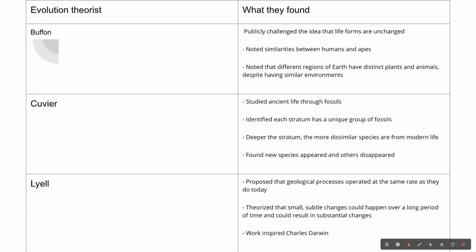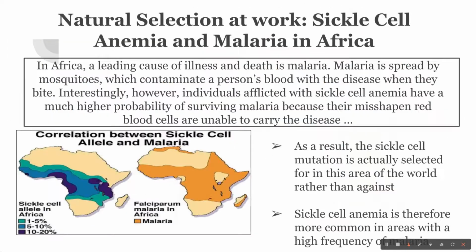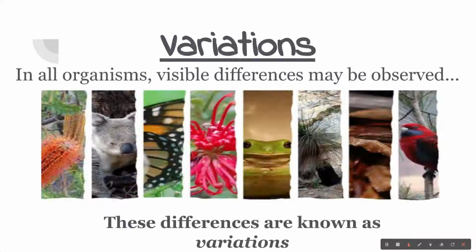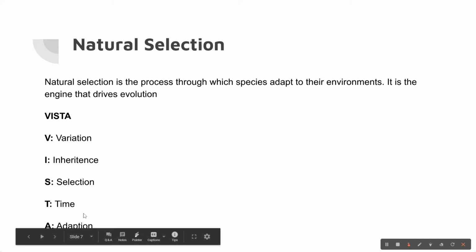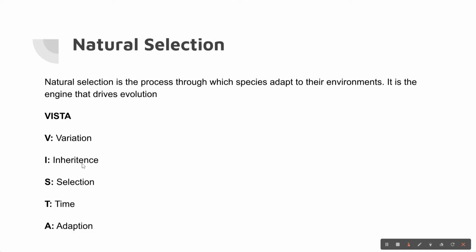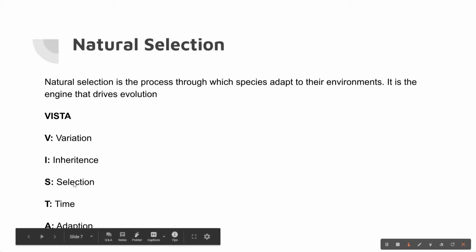So we've talked about natural selection. Actually, let me go back. Okay, so we've gone through variation, inheritance, selection, time and adaptation, just not labeled. Variation was the visible differences. Inheritance was your DNA, like the mutations of it and how it reproduces, like sexual reproduction.